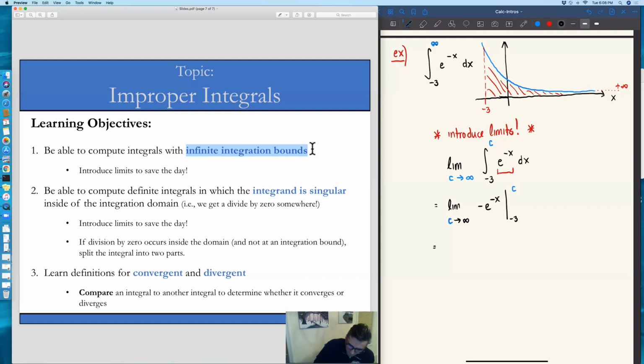So let's go ahead and plug in those bounds. Plugging in the top bound, subtracting off, evaluating that at the lower bound.